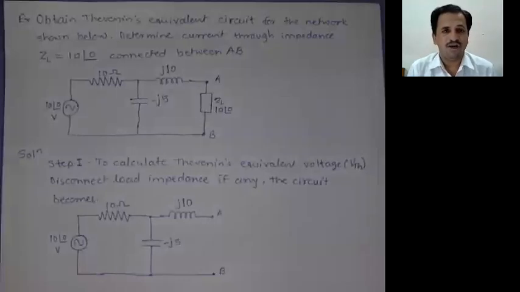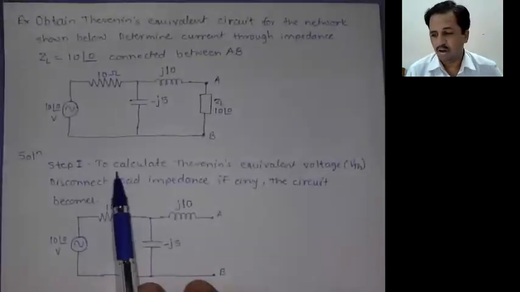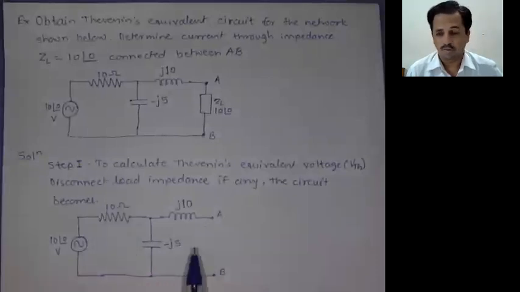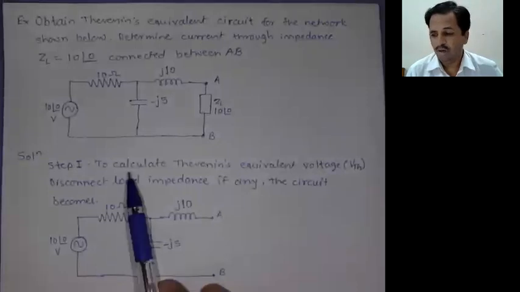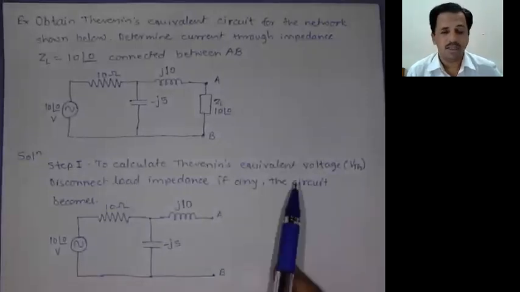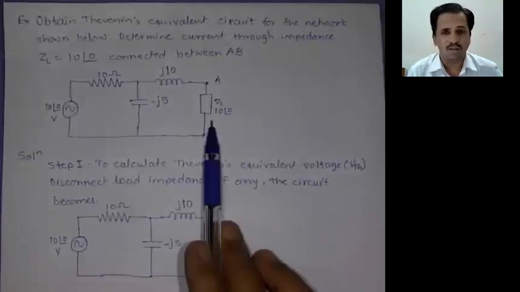Now we have to find out the Thevenin equivalent voltage and Thevenin equivalent resistance. For that purpose, we apply the same method. Step one, we have to calculate the open circuit voltage or open terminal voltage, which is obtained between terminals A and B. To calculate the Thevenin equivalent voltage VTH, disconnect the load impedance, which is here.